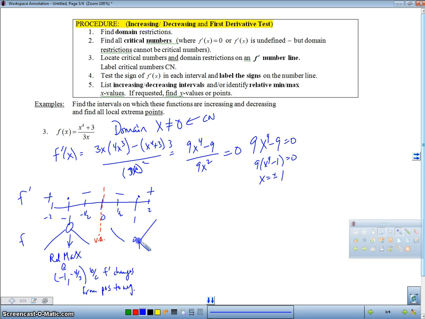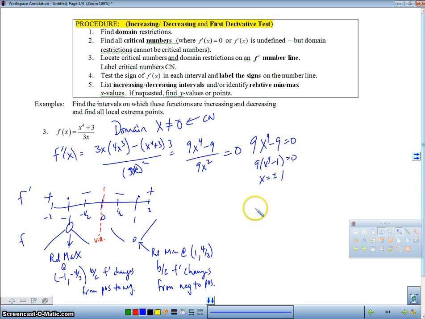And right here I have a relative min at the point 1, comma, when I plug in the 1, I get 4/3, because f prime changes from negative to positive.